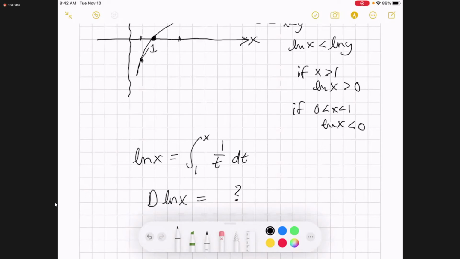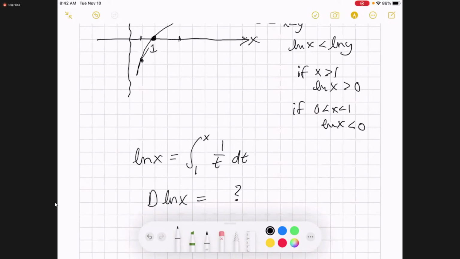Would it be an exponential function? No. Okay, we're going to get to exponential shortly. Yeah, they're coming. Okay, let me tell you this hint.